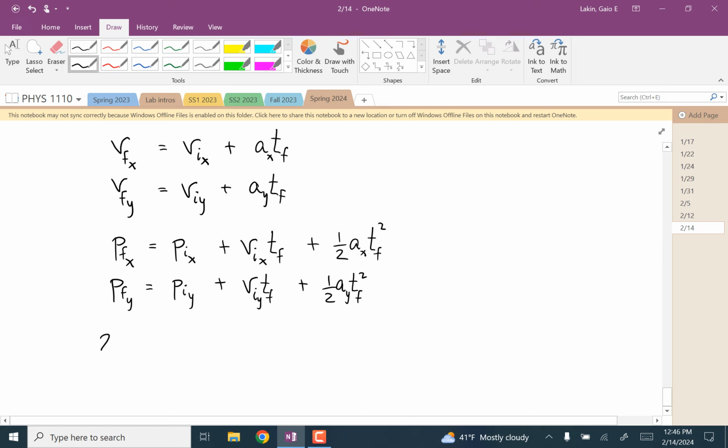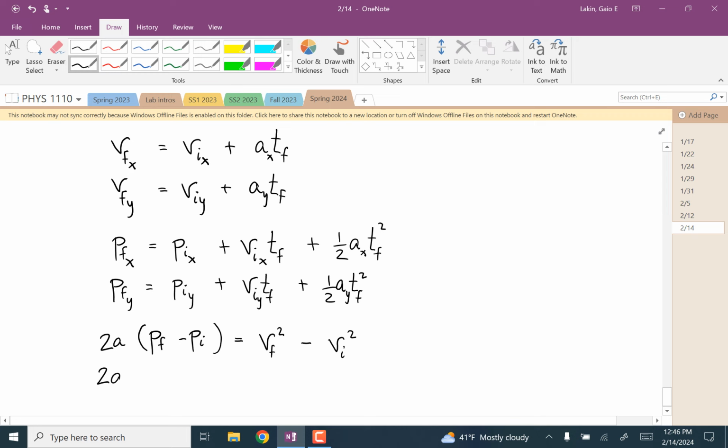And then the last one is 2a times the quantity PF minus PI is equal to VF squared minus VI squared.